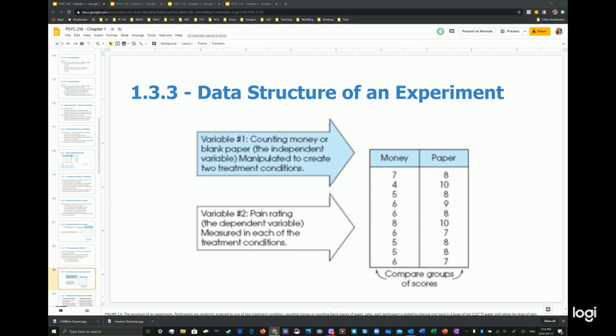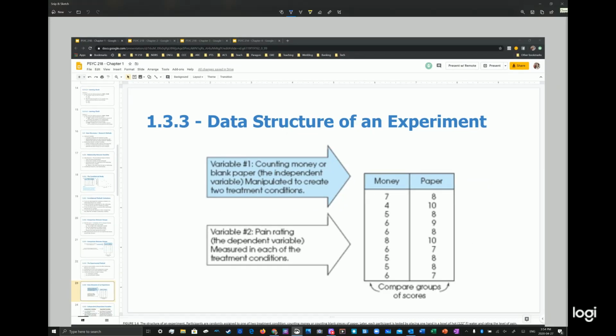And so here is an example of an experiment, and this is what the data structure would look like. Here we see the independent variable, whether a person is counting money or is counting blank paper.